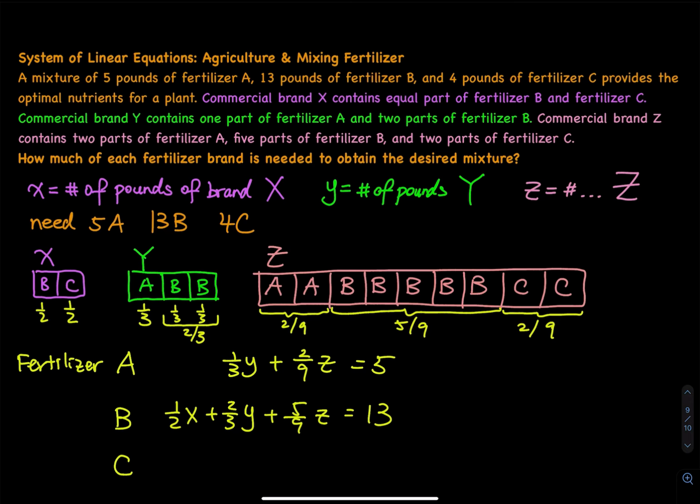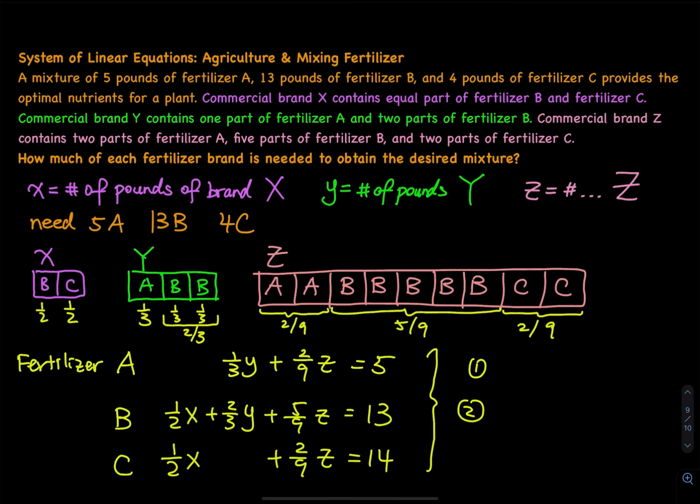And then finally, we have 4, right? So for C, we will have half in X, nothing in Y, and 2/9 in Z. So that will be 1/2 X plus 2/9 Z equals 4. So this is your system of linear equations.